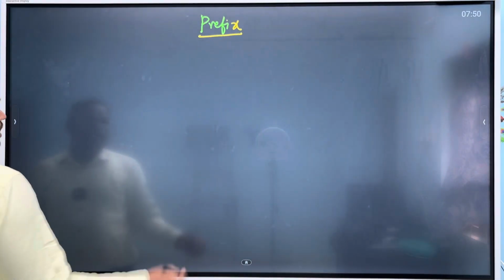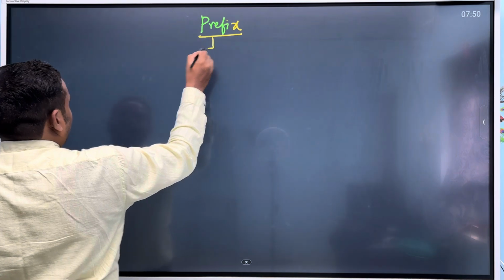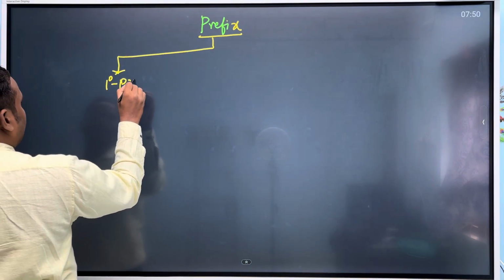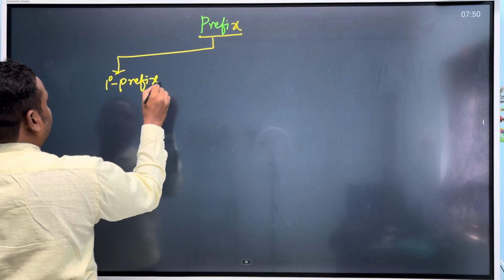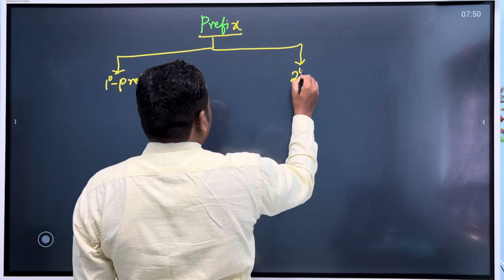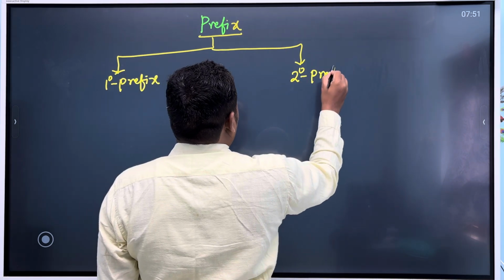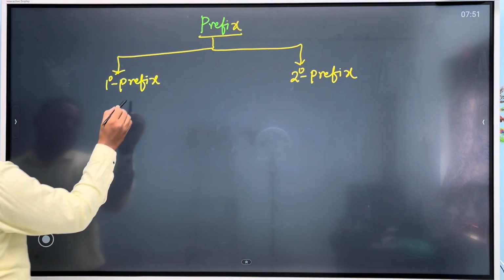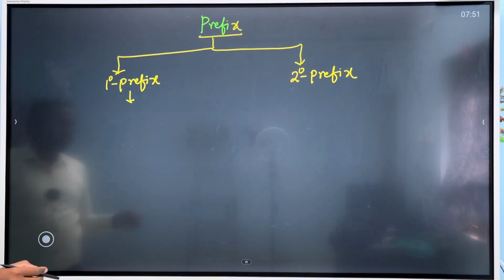Prefixes are also of two types: primary prefix and secondary prefix. Your primary prefix gives information about the nature of the carbon chain.